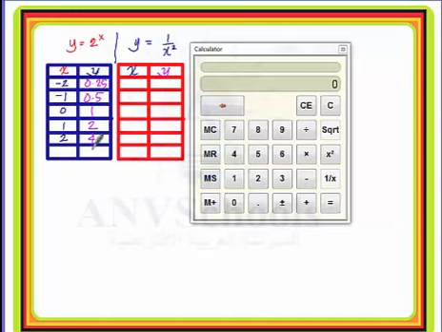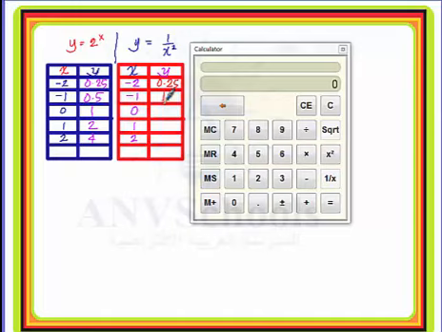Now in the case of this equation, 1 over x squared, I will select from negative 2 to 2 also, so that they have the same domain. For x is negative 2, I will have 1 over 4. So that gives me 0.25 in here. If my x is negative 1, that would give me 1, because 1 over 1 squared is just 1 over 1, which is 1.